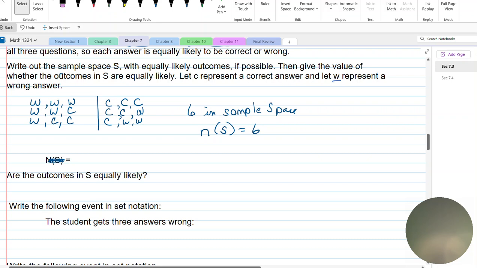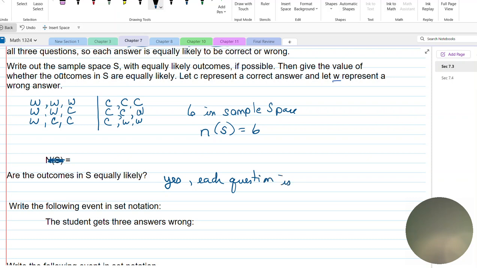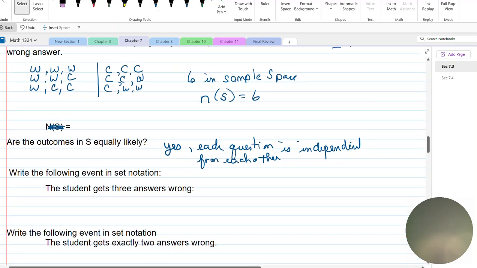Are the outcomes in S equally likely? Yes. Each question is independent from each other. In other words, the answer of one doesn't affect the other. They're all just questions. Write the following event in set notation.